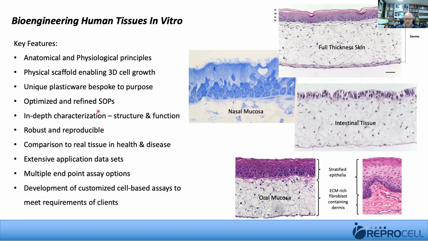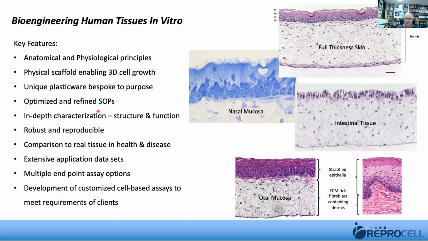All of these models are generated on a physical scaffold, enabling three-dimensional cell growth, and I will introduce that to you shortly. We also design and manufacture our own plasticware for cell culture purposes, and this is necessary to maximize the ability to generate these models, as I will explain.